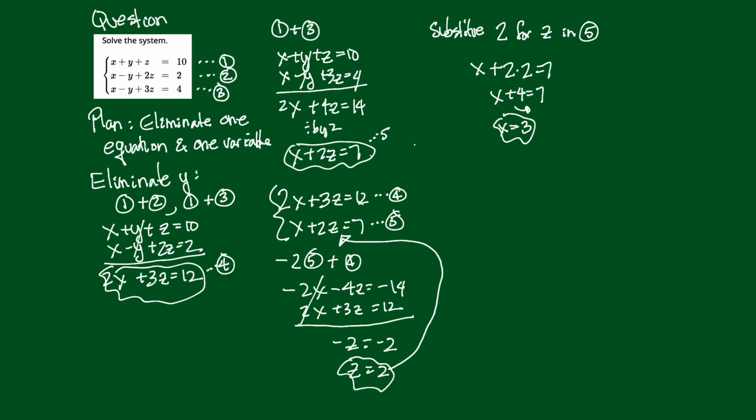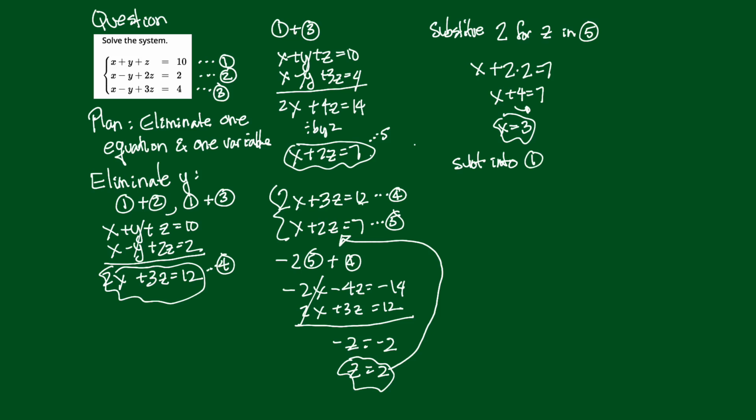So now I've got x being 3. I've got z equaling 2. So take those two values and go back to one of the original equations. It doesn't matter which one. Put 3 in for x, 2 in for z, and let's see if we can get y. I'll pick one of the equations.